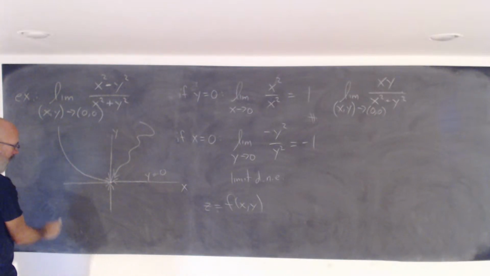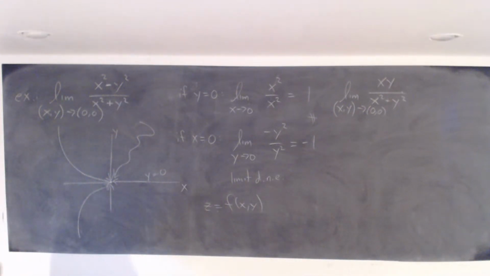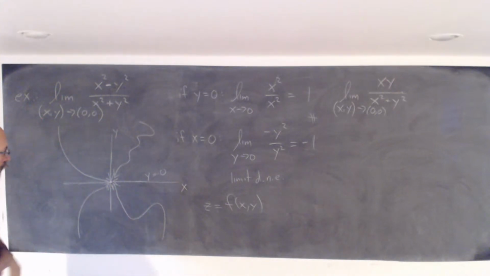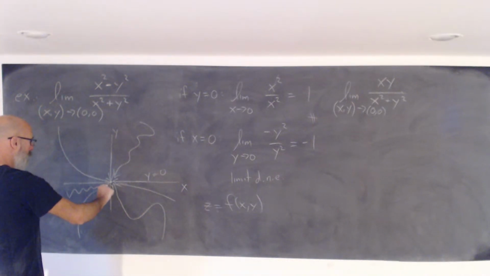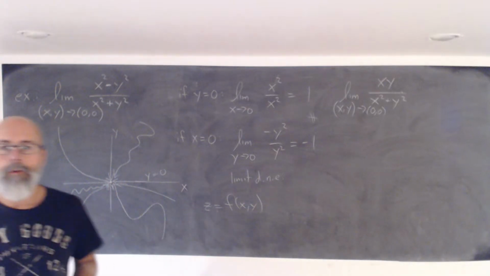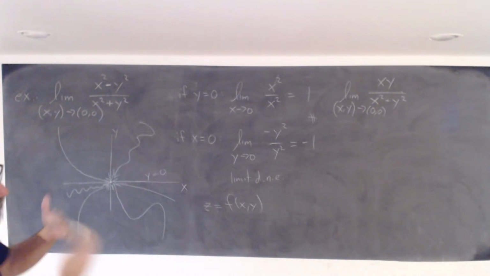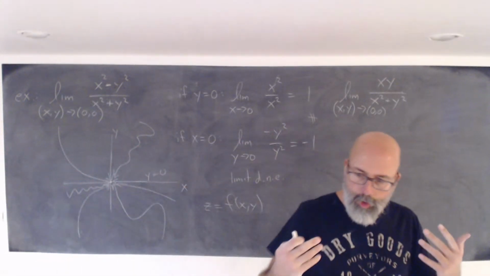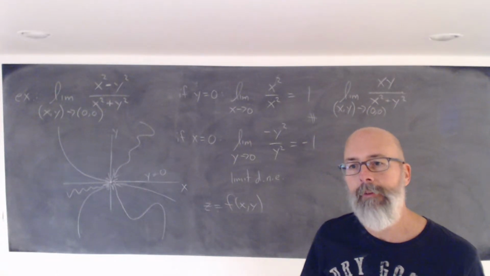There are infinitely many different paths to check. Of course, we're not going to spend our whole lives checking infinitely many paths. After you've checked enough, you need to convince yourselves that the limit does exist, and then you have to prove it.